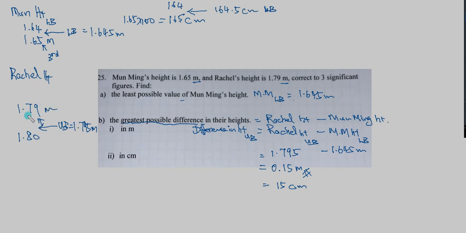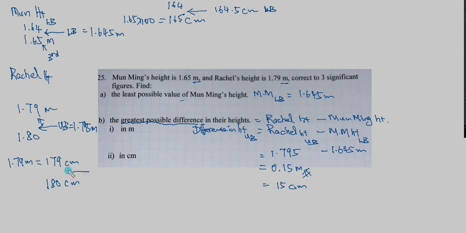Okay, now let's look at Rachel. Rachel is 1.79 meter. If you multiply by 100, you get 179 cm. Now we want to find Rachel's height upper bound. So the third significant figure is this. So the next number is 180 cm.